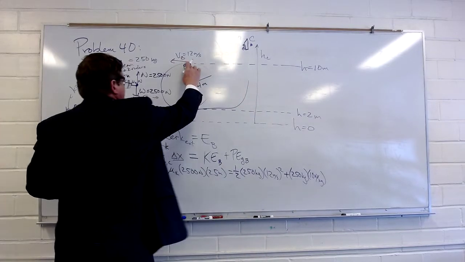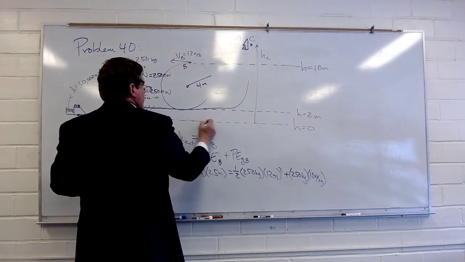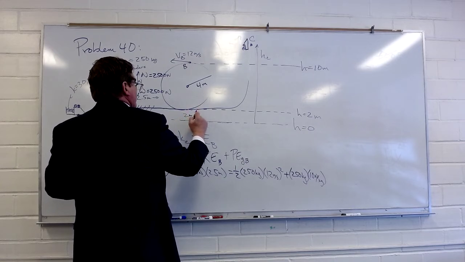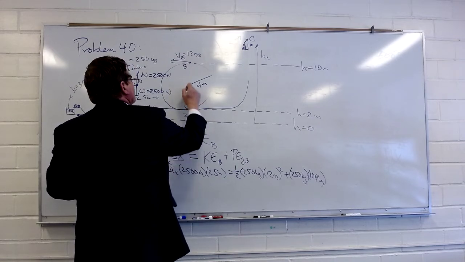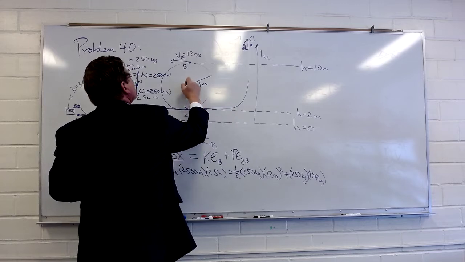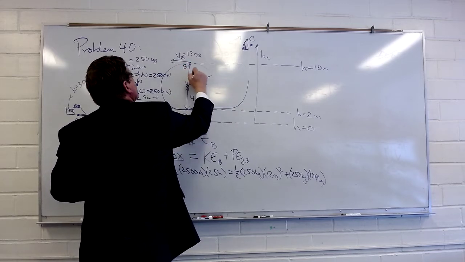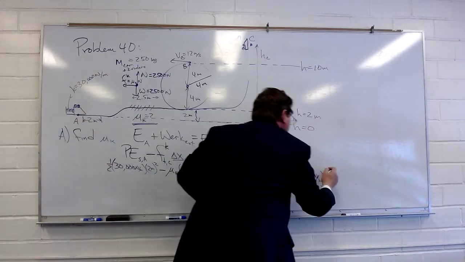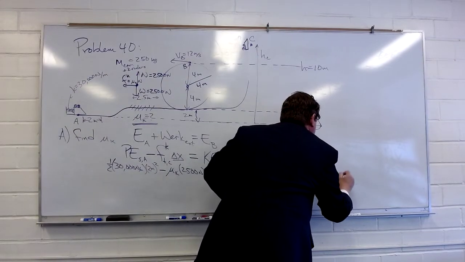And then the height. Well, this is what we're calling height 0. That's 2 meters there. That's 4 meters there. And that's another 4 meters. So I got 4 plus 4 plus 2 meters. That's going to be 10 meters.